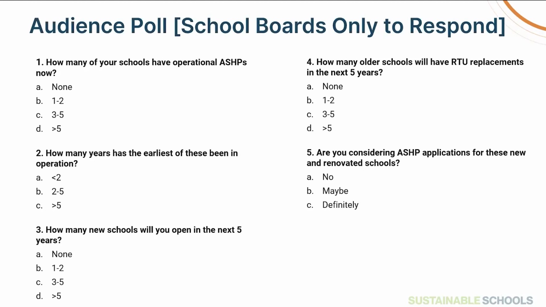How many years have they been in operation? And then looking forward, how many new schools are you opening, and how many older schools will have rooftop unit replacements in the next 5 years? And then a simple binary choice there. Are you considering air source heat pumps? No, not at this time. Maybe, I understand a little bit, but interested, and definitely, I've made that choice.